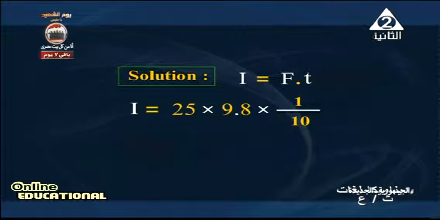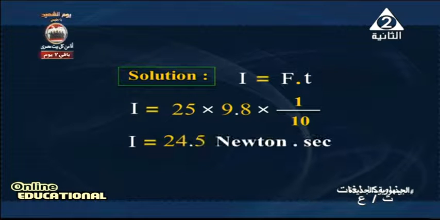Now I equals 25 times 9.8 times 1/10 equals 24.5. And with the force in Newton unit and t in second unit, the impulse I equals 24.5 Newton second.